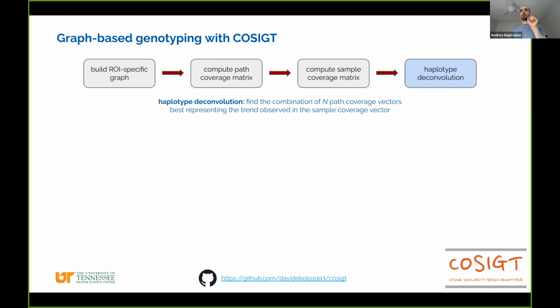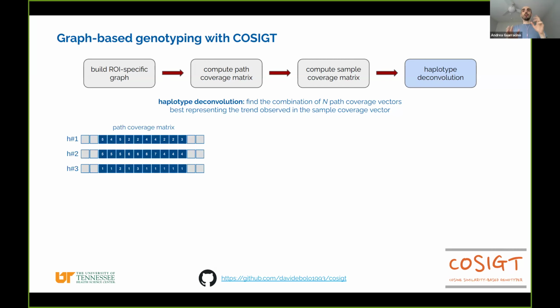I will show you an example to explain. So we have 3 path coverage vectors representing 3 haplotypes. And we have one sample that we want to genotype. So we want to understand in this sample the structural configuration. In our case, we are working on the Amylase graph.